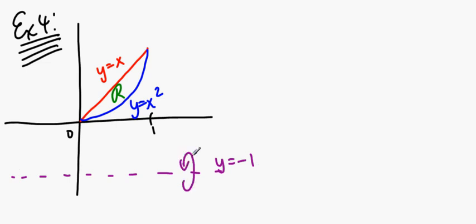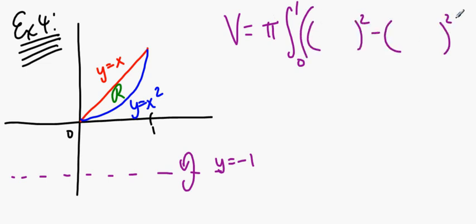We're spinning around that line. Again, when we spin it around, we're going to get some crazy three-dimensional solid, like this. And I'm thinking washers, because I'm pretty sure there's going to be a hole in the middle of the solid. And so I'm pretty sure that I'm supposed to do pi times an integral, probably from 0 to 1, of somebody squared minus somebody squared dx.